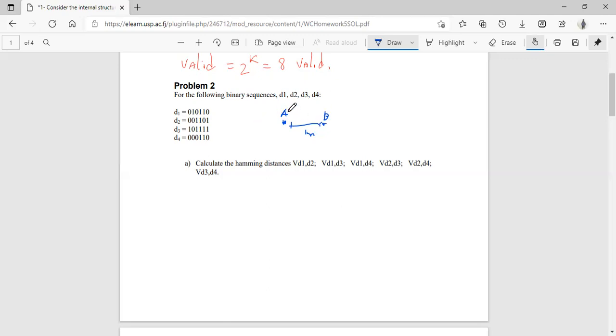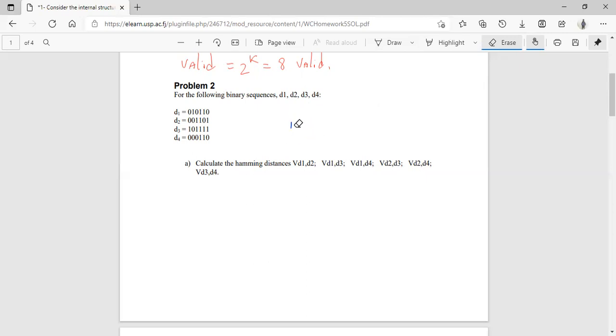The distance from A to B is 1 meter, and the distance from B to A is also 1 meter. So likewise, there are only 6 unique distances that you will be able to compute. Like I said, the distance from A to B is equal to the distance from B to A.